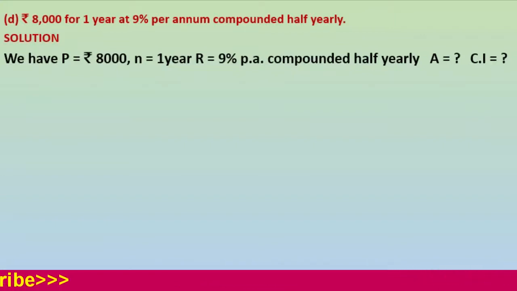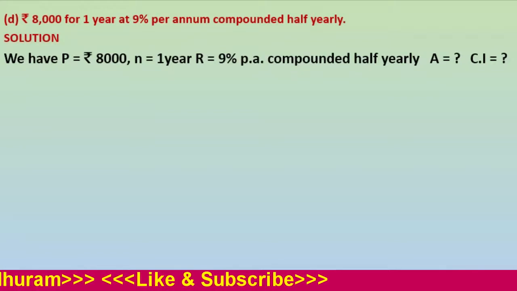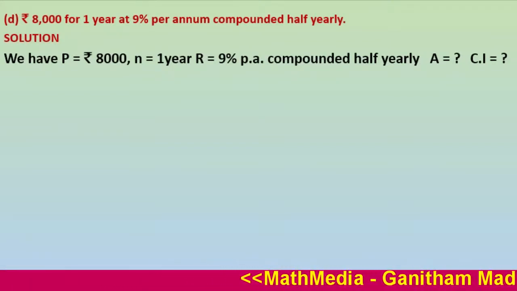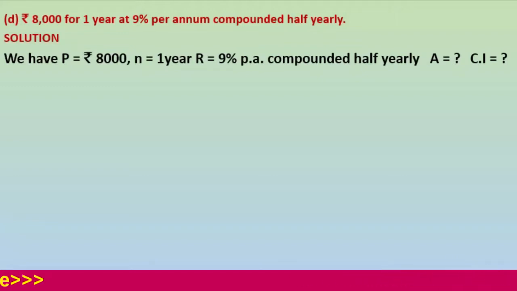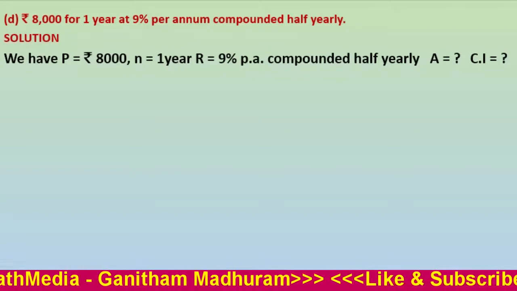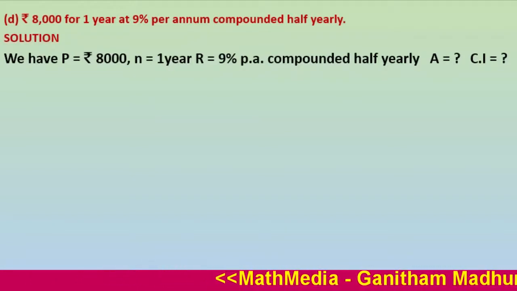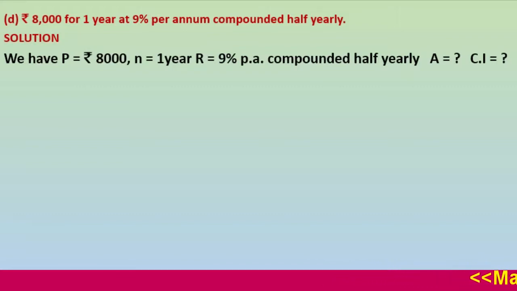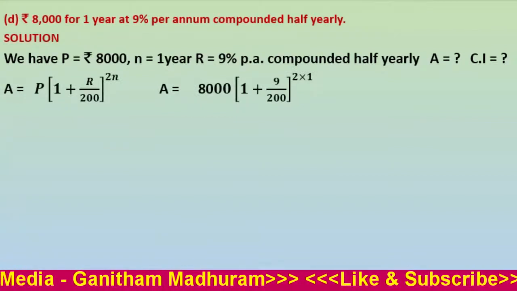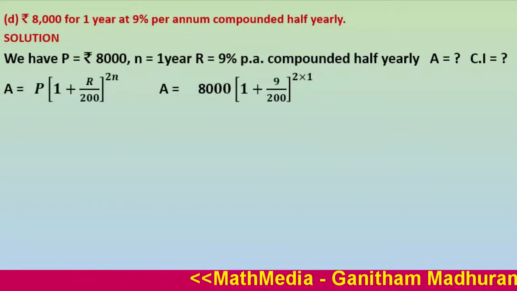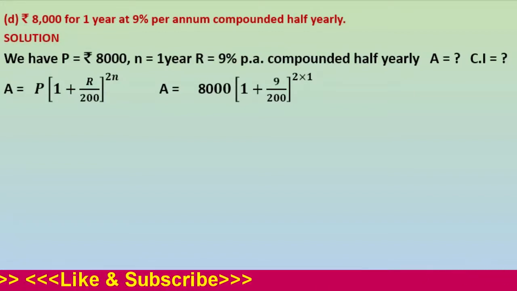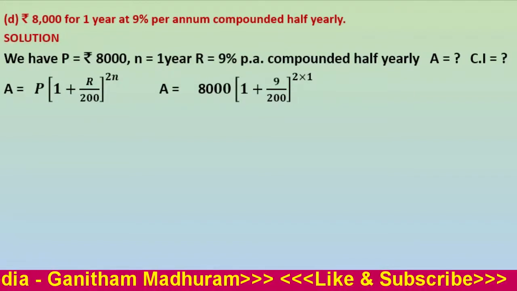Now can you recollect the formula for compound interest calculated half yearly? Yes, amount equal to P into 1 plus R upon 200 whole raised to 2n. That means rate of interest become half and year become double twice. Now we can substitute the value on this formula. So we get A equal to 8,000 into 1 plus 9 upon 200 whole raised to 2 into 1.